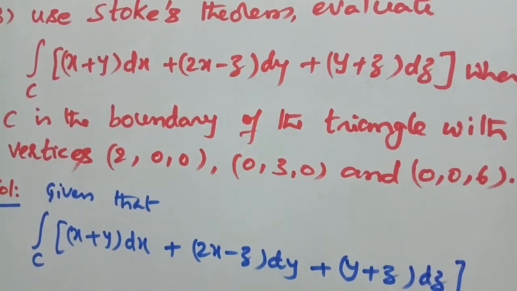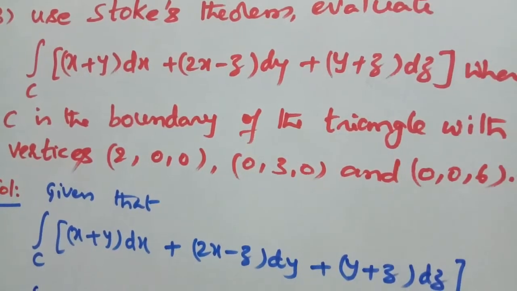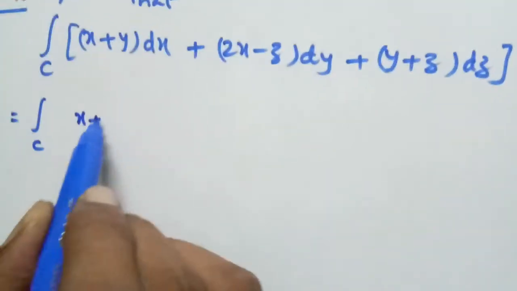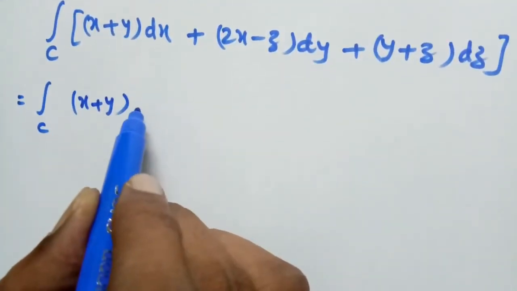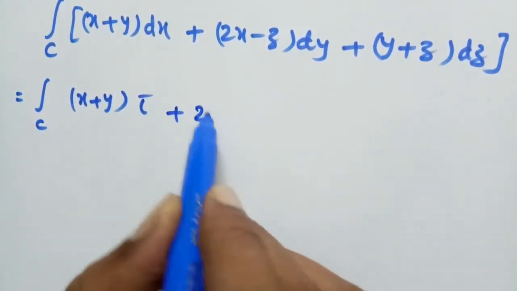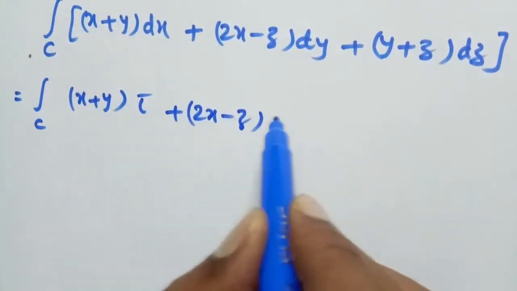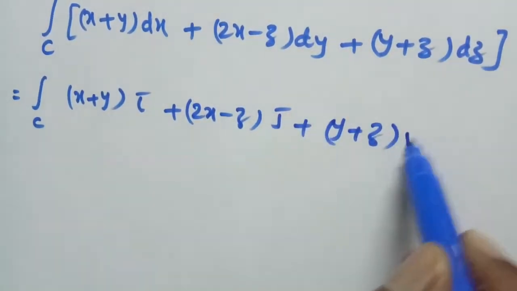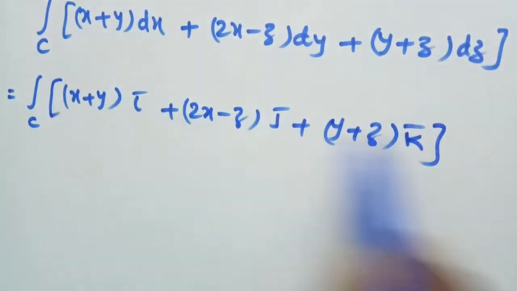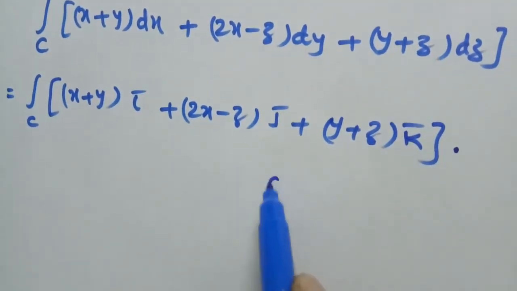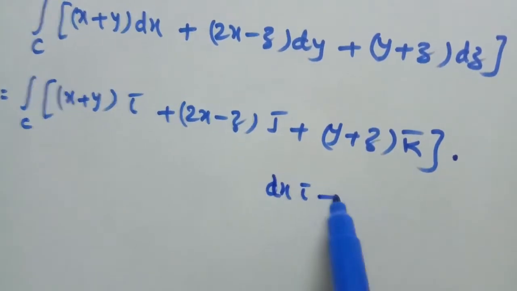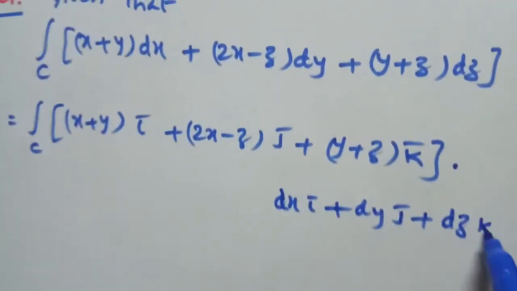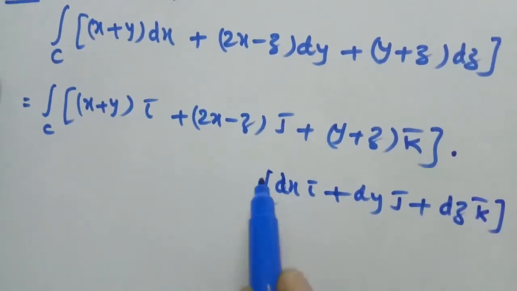Now, this can be written as the integral over C of (x plus y) i bar plus (2x minus z) j bar plus (y plus z) k bar dot (dx i bar plus dy j bar plus dz k bar).